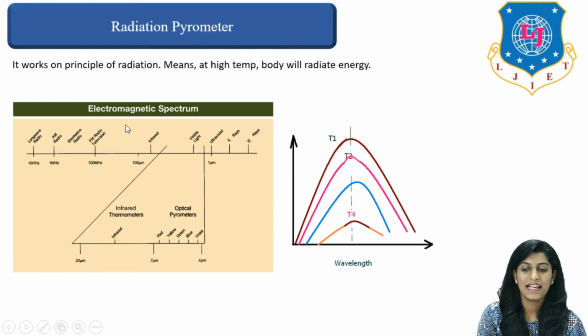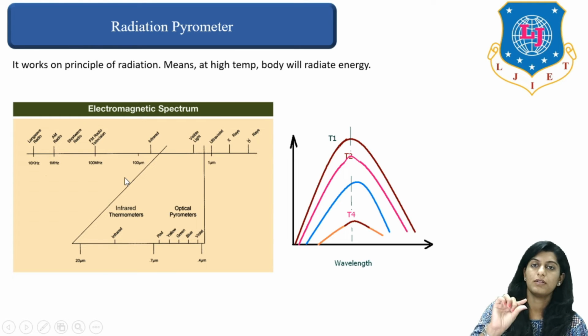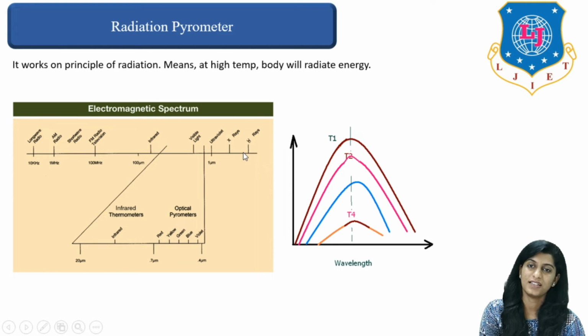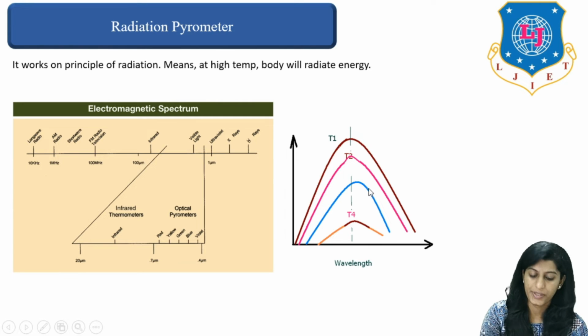And here you can see the electromagnetic spectrum. So optical pyrometer is used for this particular range, and for bodies which are giving radiation, you can use radiation pyrometer, and for others you can use various kinds of thermometers, right? Now here it is based on the wavelength and temperature distribution.